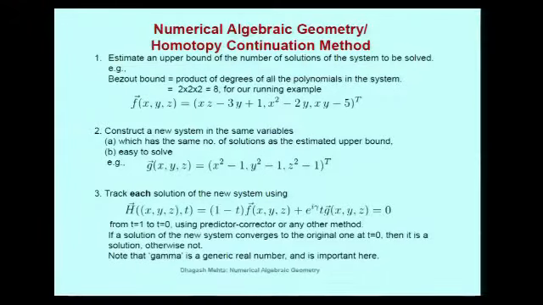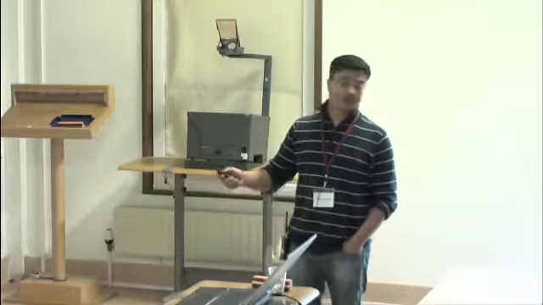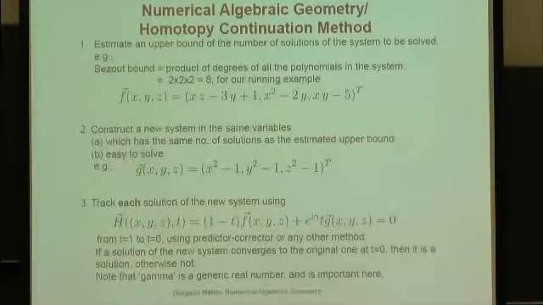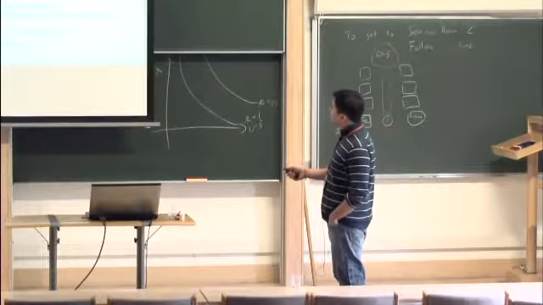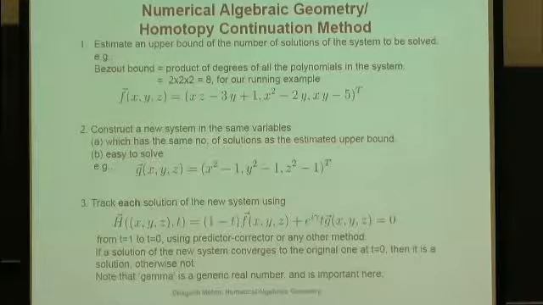I have written this running example in the vectorial notation just to make a later expression easier. So then the second step is to construct a new system which has 2 properties. One, it should have the same number of solutions as the estimated upper bound, and the second one is that the new system should be easier to solve.